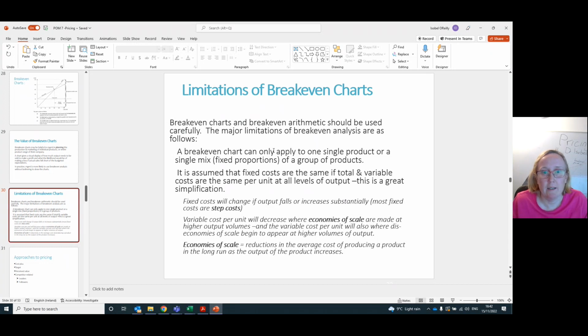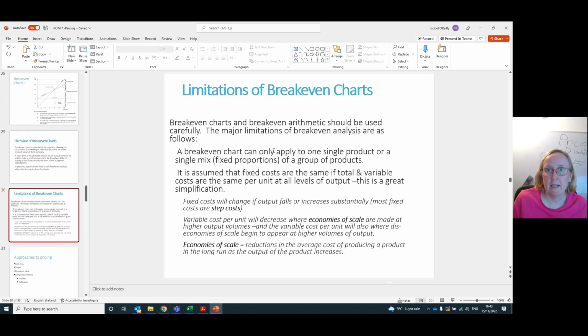So it's assumed that total fixed costs and variable costs are the same per unit at all levels of output. And that's a real simplification, because fixed costs can technically change if output falls or increases substantially. Most fixed costs are step costs. We can take on more rented space. If we need to, we can reduce the amount of space.